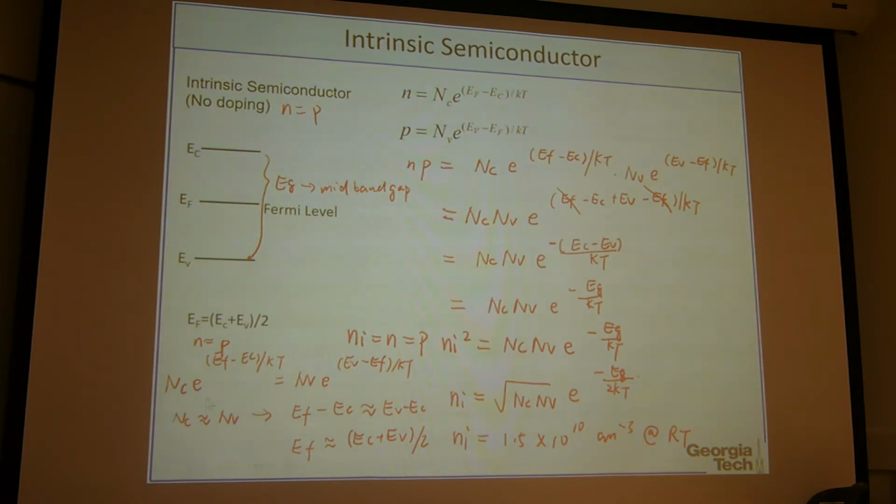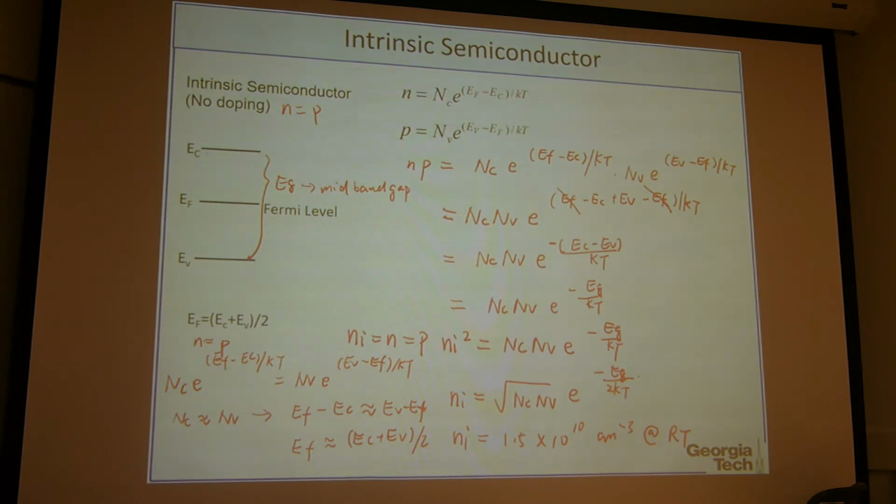Then if you take the log scale of those two equations, you get EF minus EC roughly equals EV minus EF. Then you move the EF to the other side, and you get EF equals EC plus EV divided by 2. So that tells you the EF is roughly in the middle of the band gap.